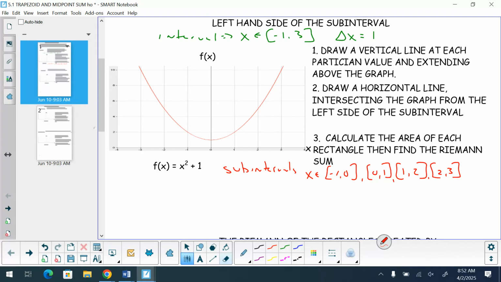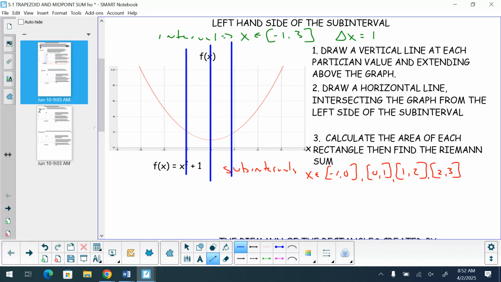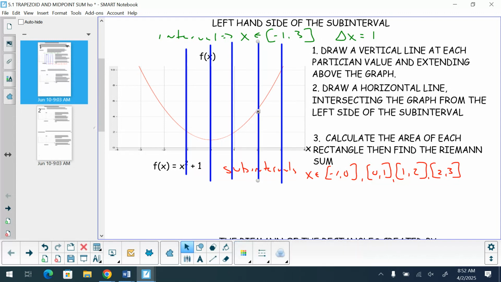I still have a graph there, and we'll still look at the idea of the graph. We're still going to draw vertical lines at our partition values. That's going to be the same.